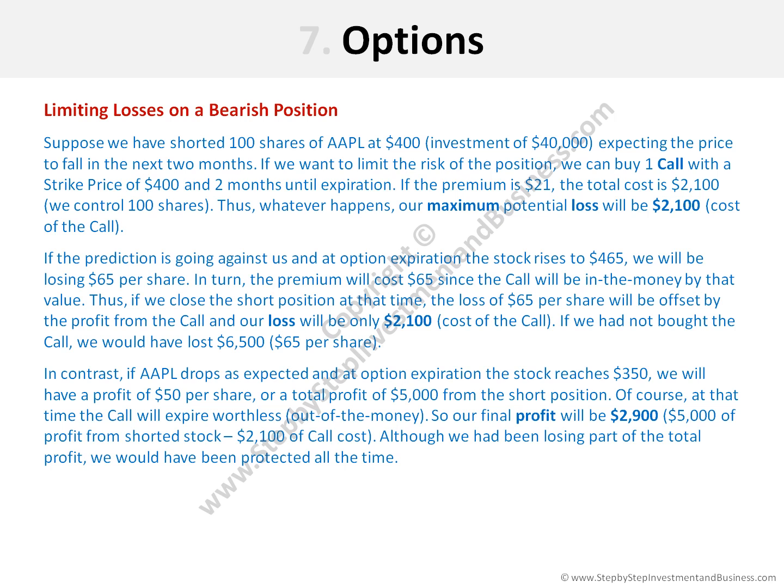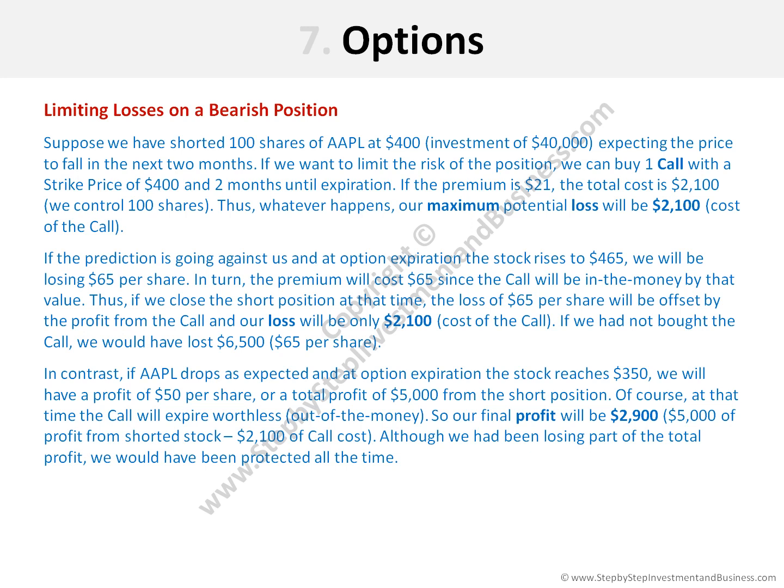If the prediction is going against us, and at option expiration the stock rises to $465, we will be losing $65 per share. In turn, the premium will cost $65, since the call will be in the money by that value.